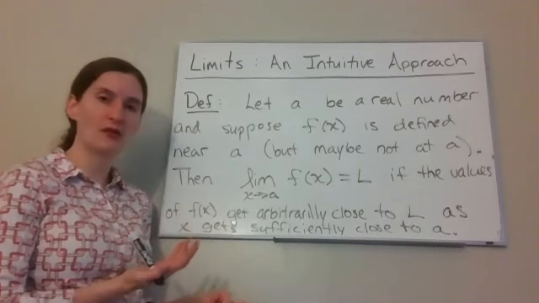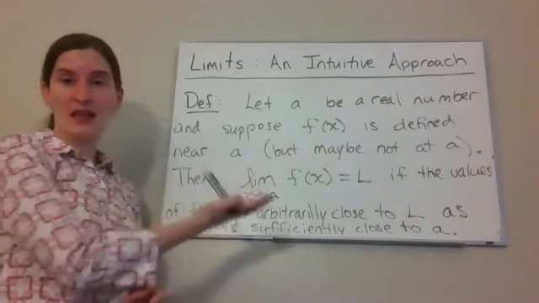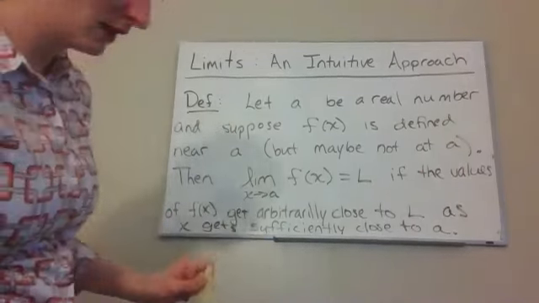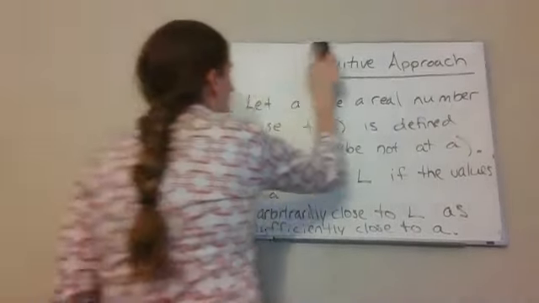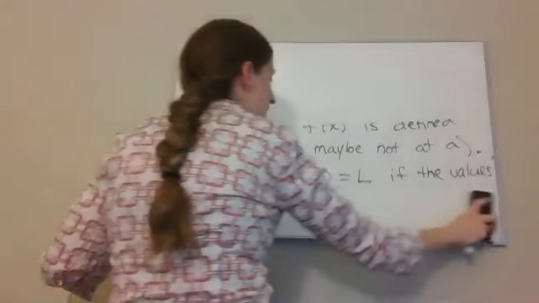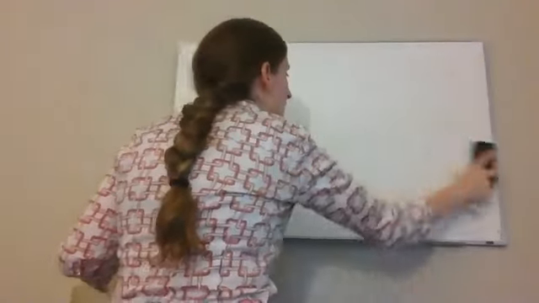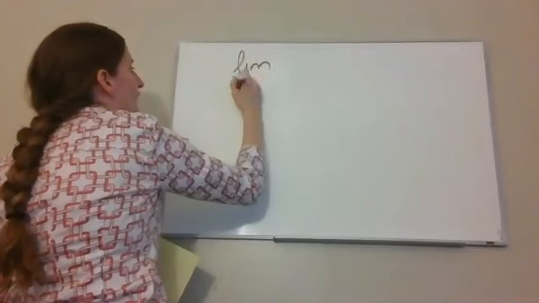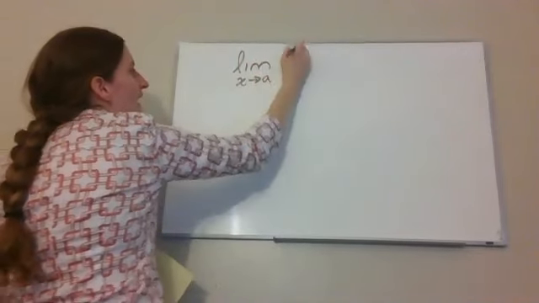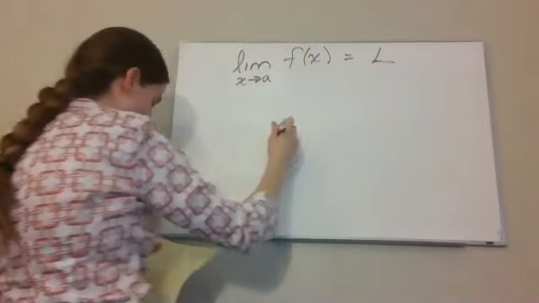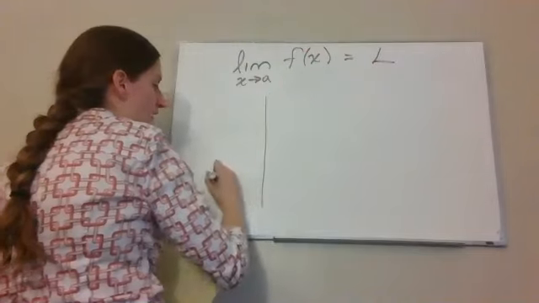So I'm going to draw a couple of examples of what a limit as x approaches A of f of x equaling L actually means, and what this can possibly look like.